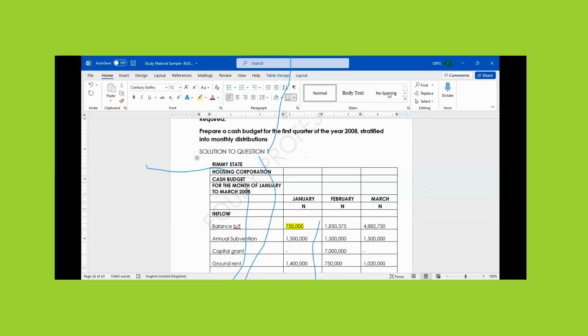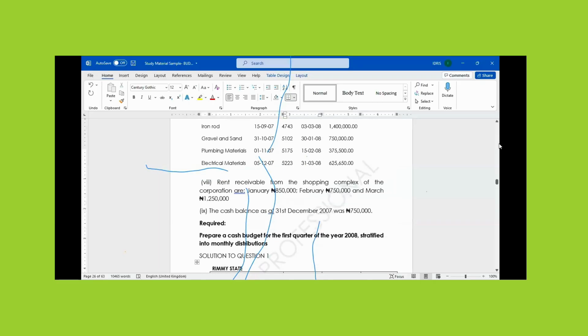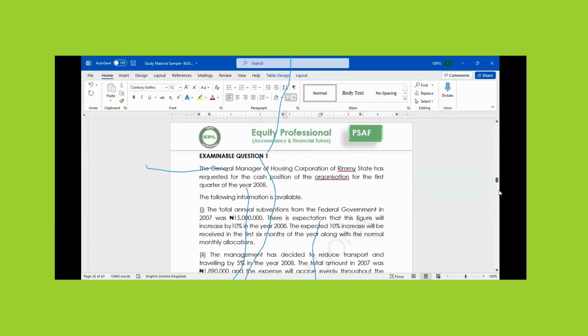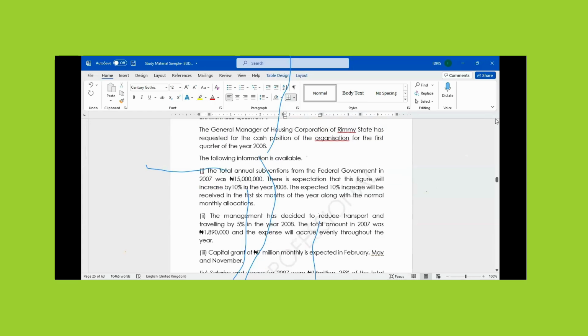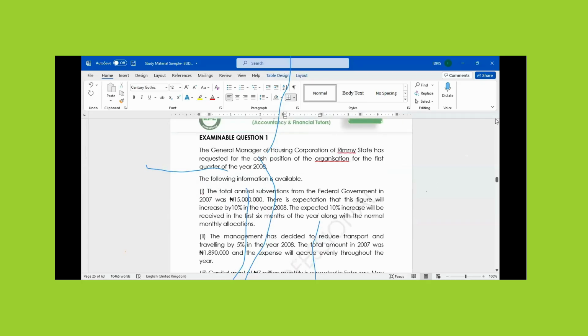Now, let's go to the solution. Let's go to the question. The first information given to us is the total annual subvention from the federal government. This is a state government, and they receive a subvention from the federal government.